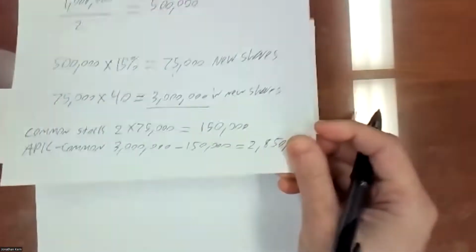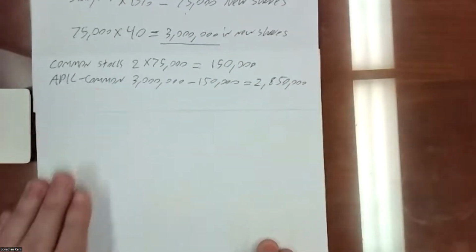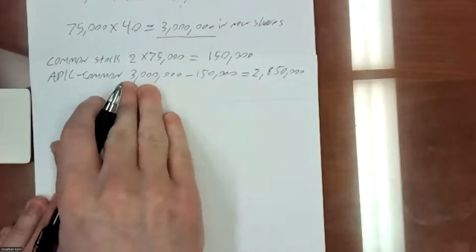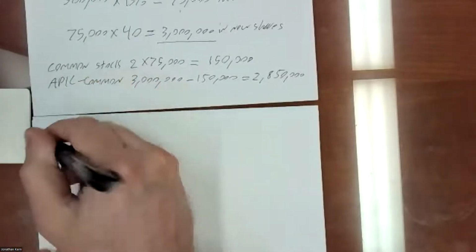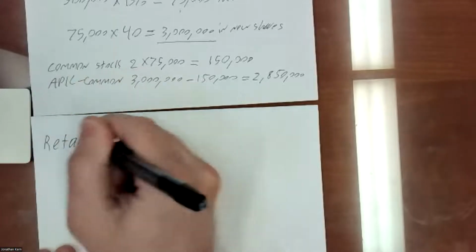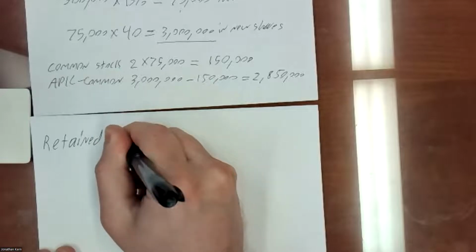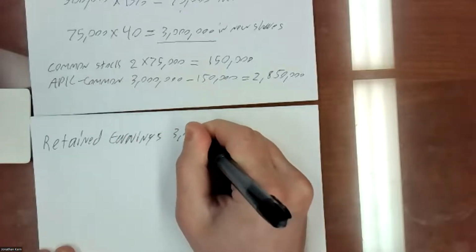Now the problem asks for the journal entry. So our journal entry will be to debit retained earnings for 3 million.